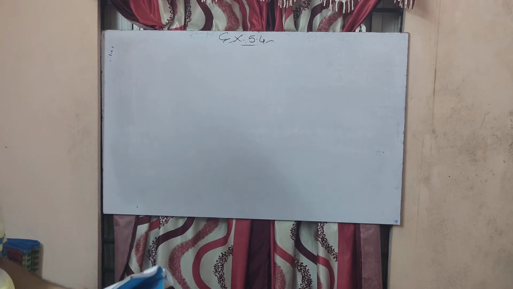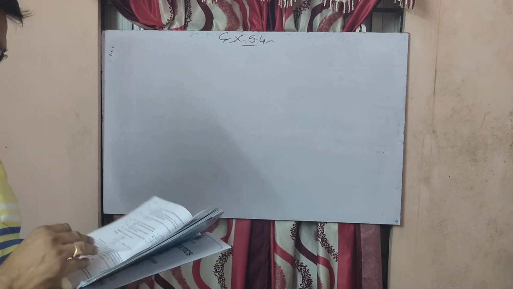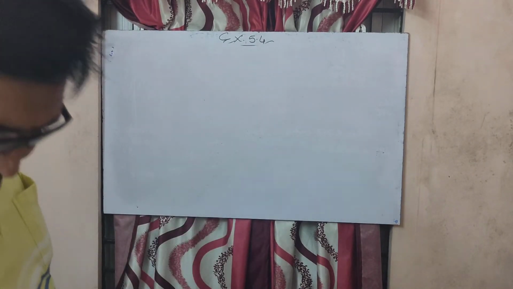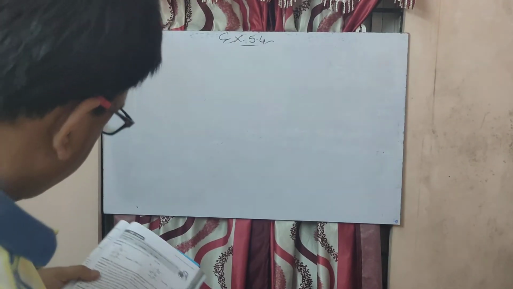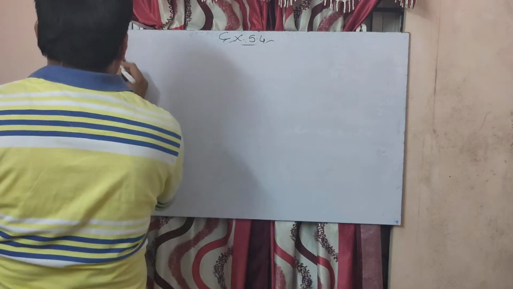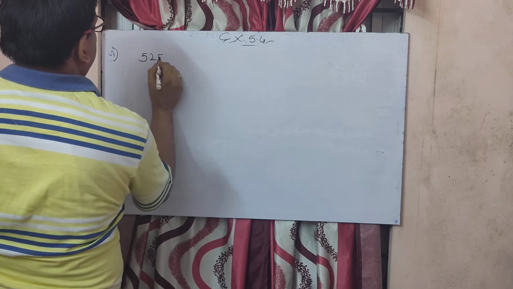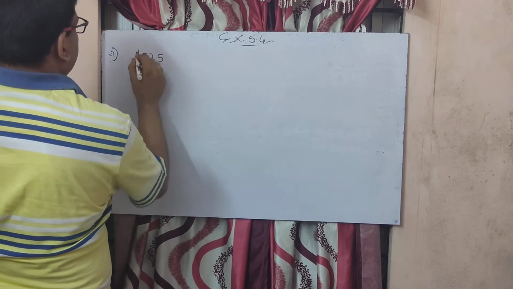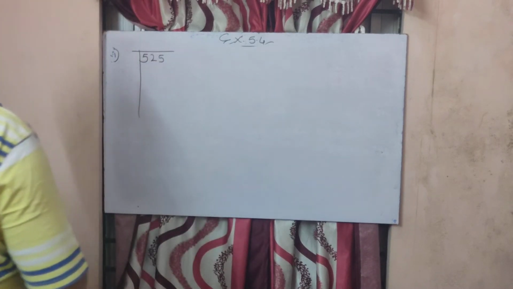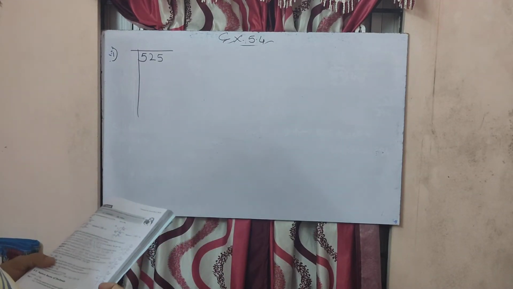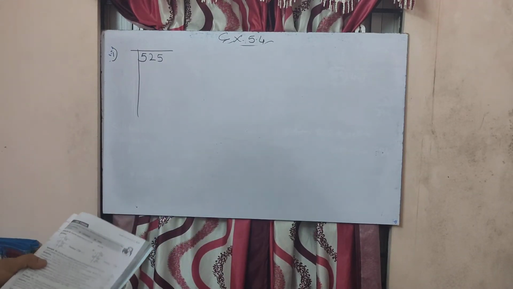The first one is 525. The method is the same. Every time, you have to use the division method.